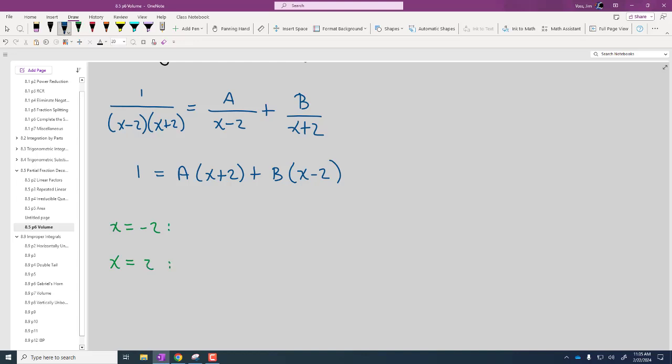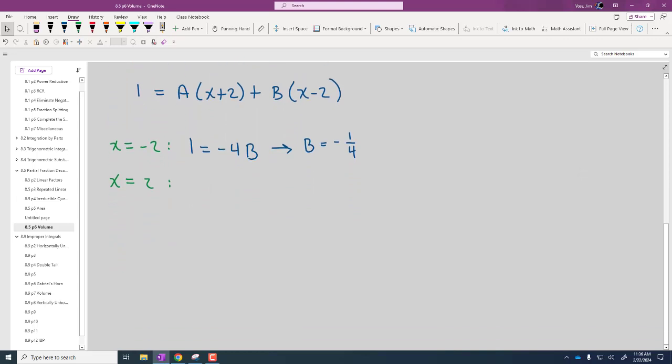So those are our convenient values. If we plug in -2 across the board, we get that B is equal to -1/4. If we plug in 2 across the board, we get 1 is equal to 4A. So A is 1/4.